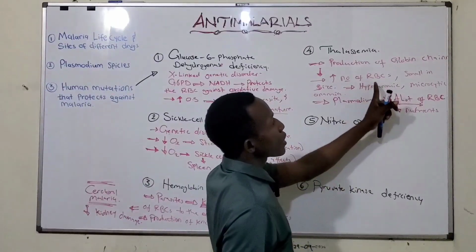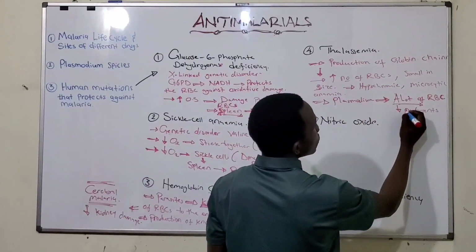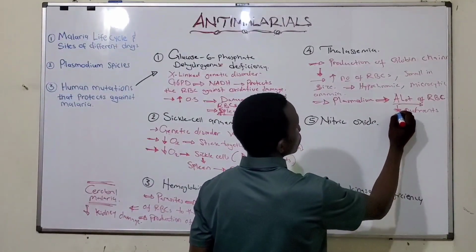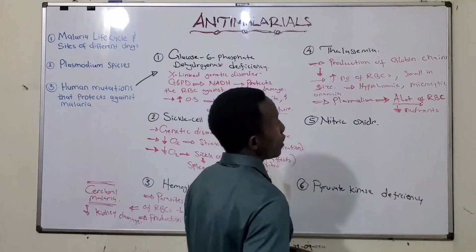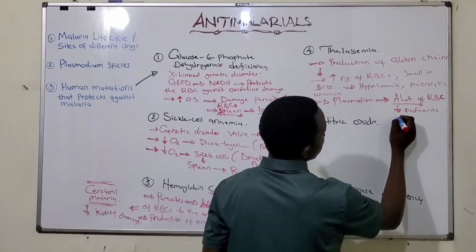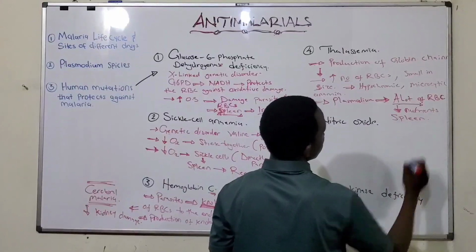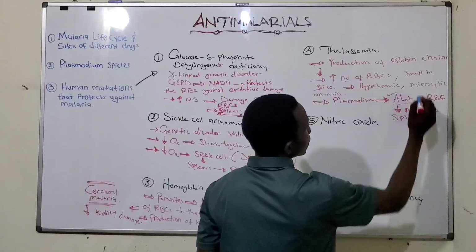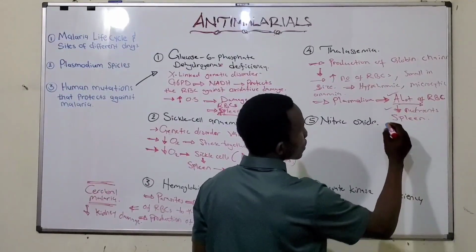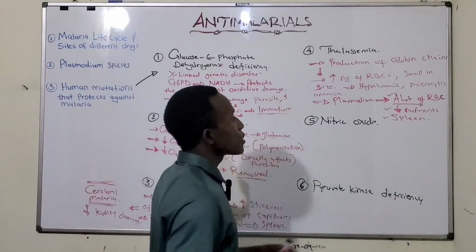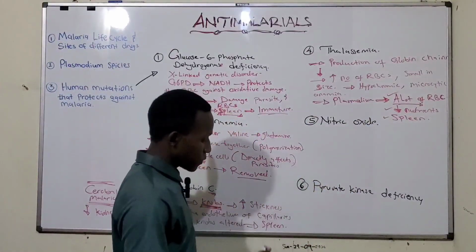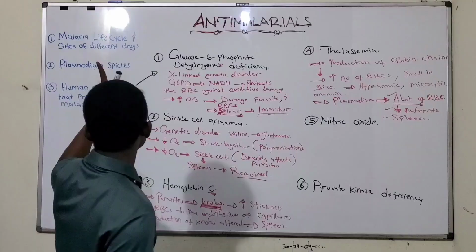Remember, red blood cells are small in size, so the nutrients for the parasites are low. And again, affected red blood cells will be cleared by the spleen. So in thalassemia, that's how it protects against malaria.